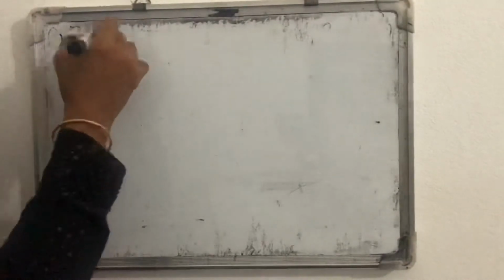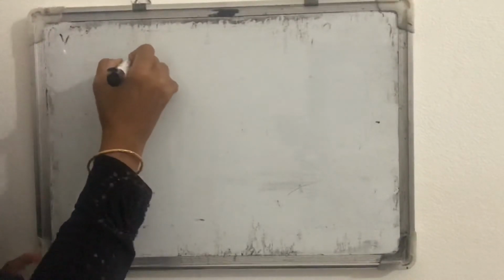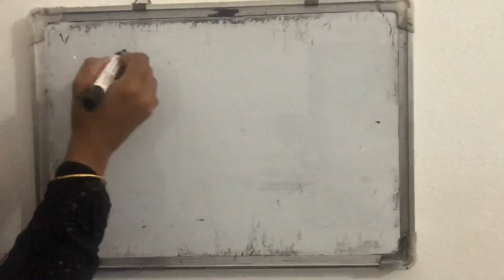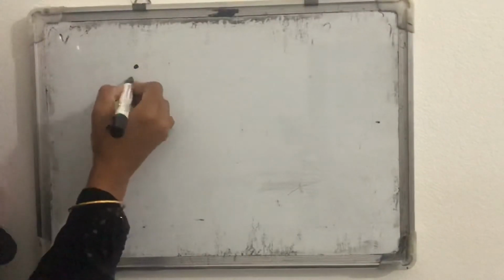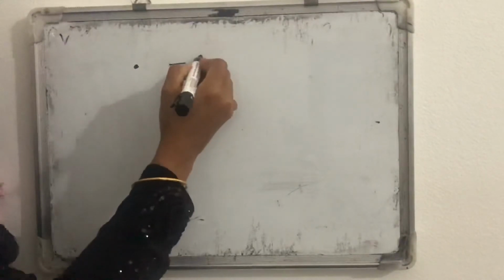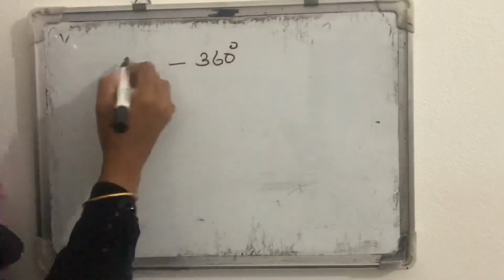Okay, so linear pairs and vertically opposite angles are both very important. Next, angles at a point. What will be the measure of the angles at a point? The sum of the angles at a point, all of you know, will be 360 degrees.